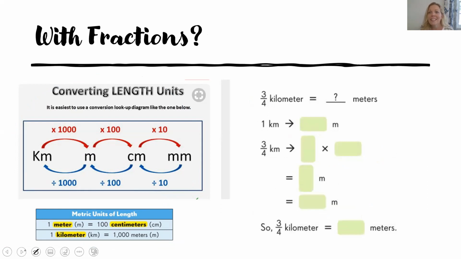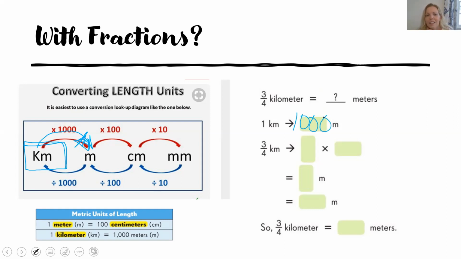So here in this case, they've started with the greatest unit of measurement, and that's kilometers. So we're going kilometers down to meters, which means we're going to multiply however many kilometers we have by 1,000 to make it to meters. So 1 kilometer is equal to 1,000 meters.